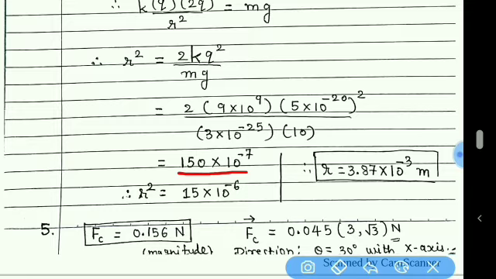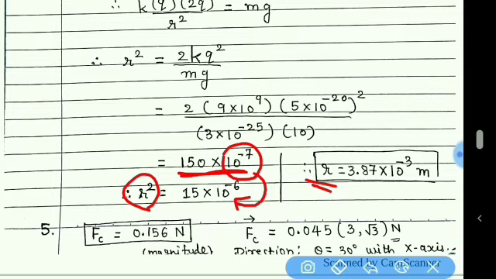Now this value is r square, but we need only r, so we have to take the square root. When the power of 10 is an odd number, we cannot take the square root, so we will make this power an even number.